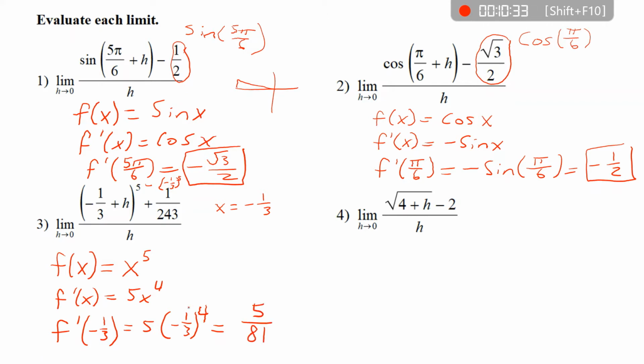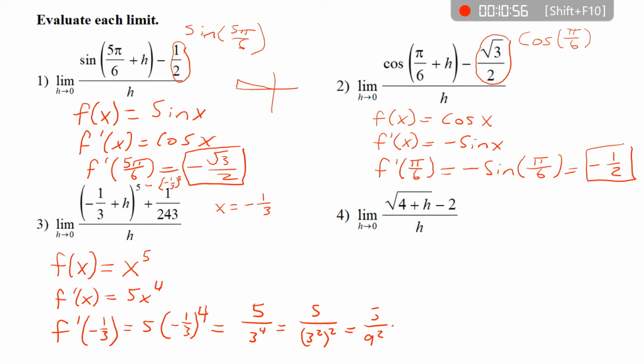Let me see if I can come up with an easier way to do that. Okay, this is 5 over 3 to the 4th power. 3 to the 4th power is 3 squared squared, right? What is 3 squared? 9. So that's 9 squared.